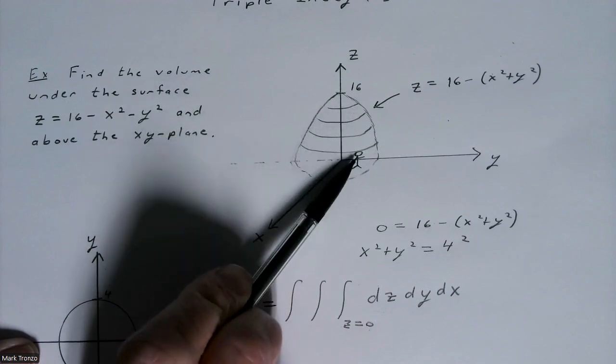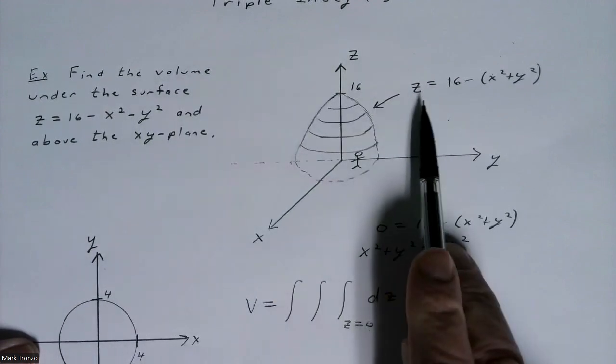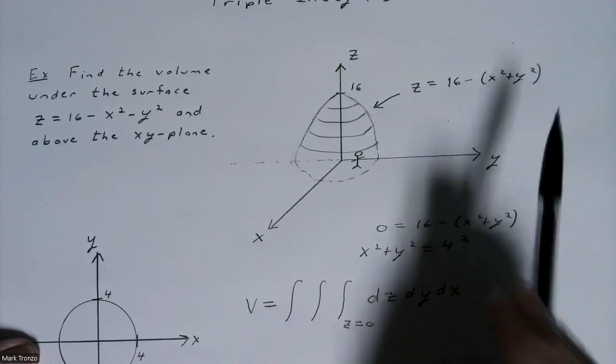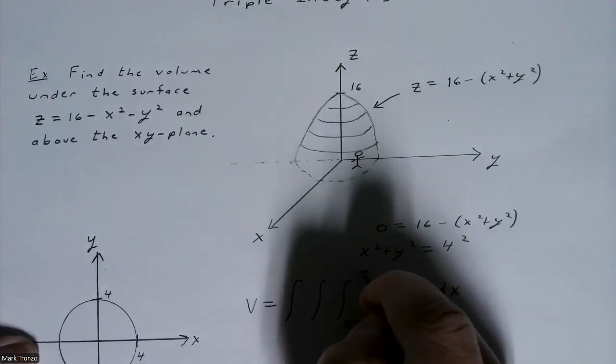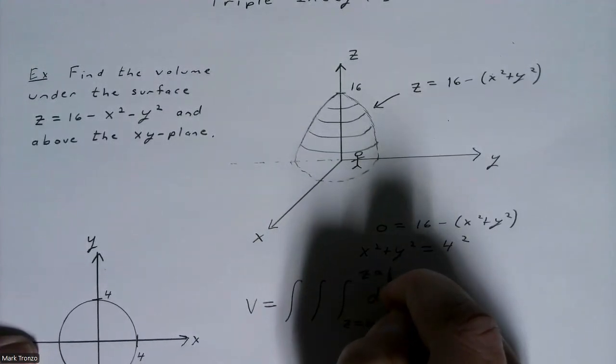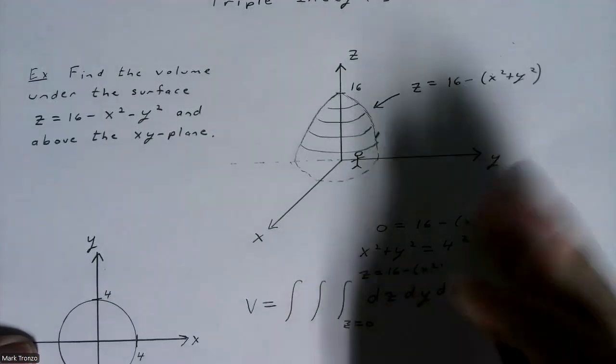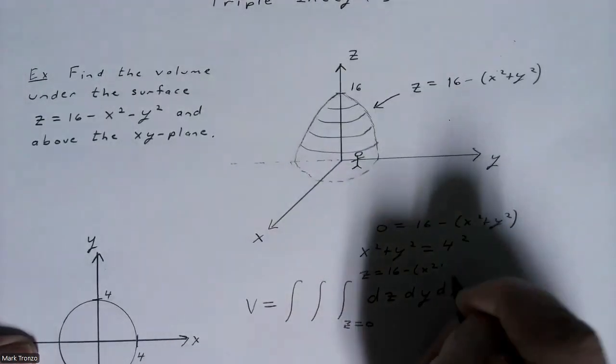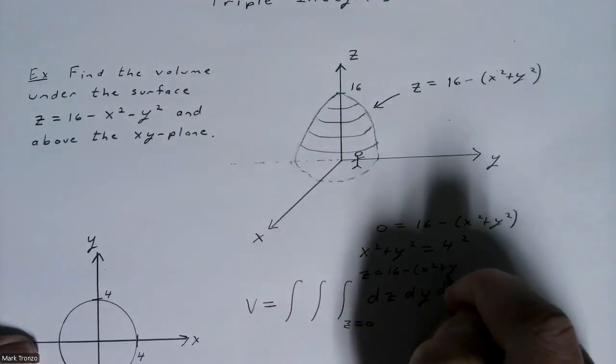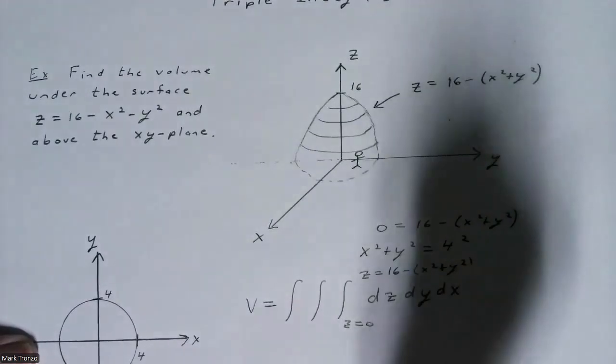And what's the upper bound in terms of z? That's going to be z equals 16 minus x squared plus y squared, like this.